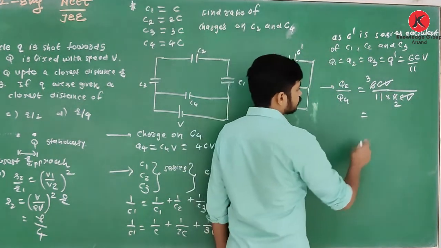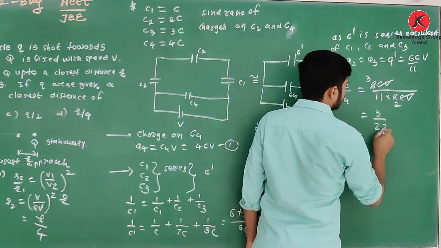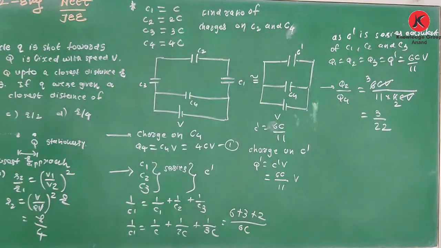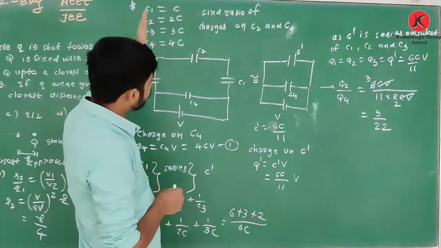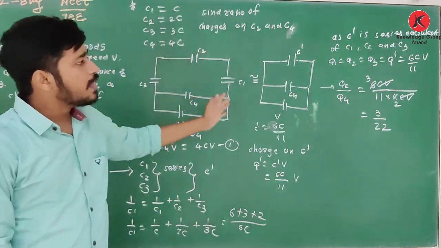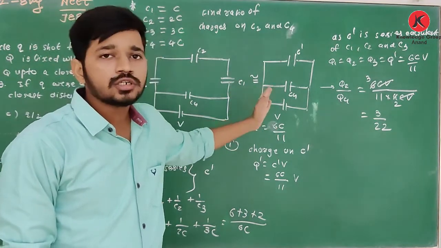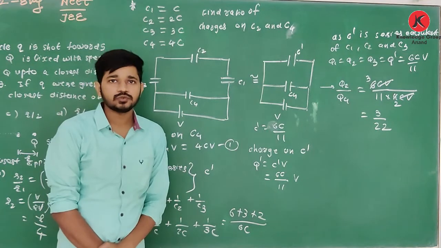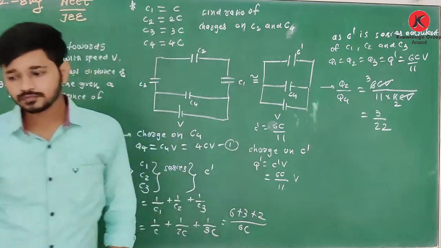Clear? So yes, it is 3 divided by 22. So your answer is 3 divided by 22. Okay, if you are given these 4 capacitors, then how to find the ratio of charge on 2 capacitors? It is 3 divided by 20. Clear? Yes.